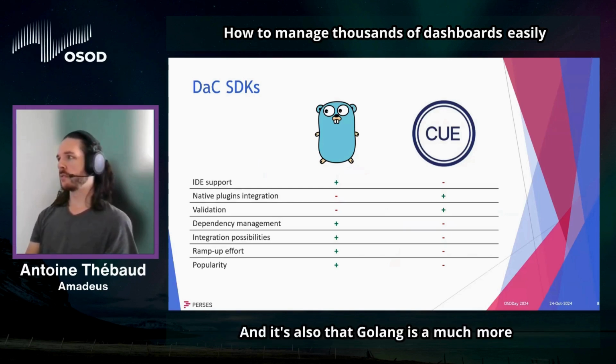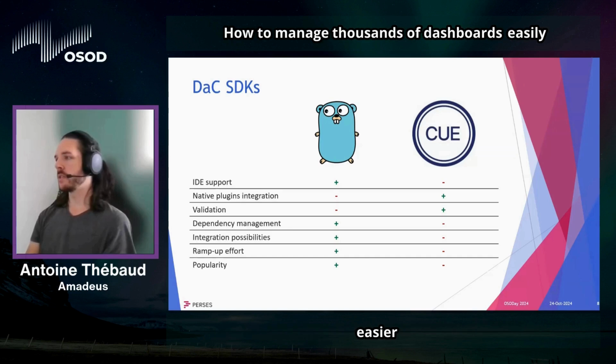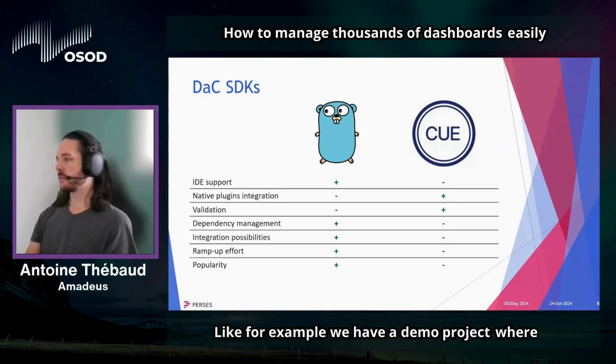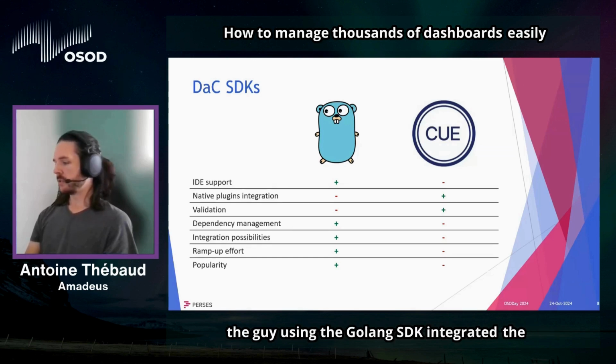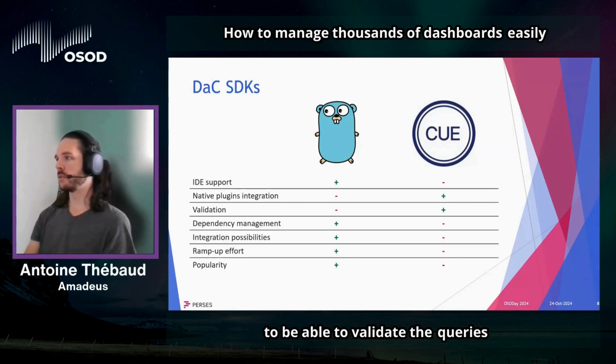Golang is a much more established technology, and because it's a programming language, for a developer the ramp up may be easier. You have a big ecosystem, so you have integration possibilities. For example, we have a demo project where the developer using the Golang SDK integrated the Prometheus library to inherit the PromQL validation logic to be able to validate the queries.